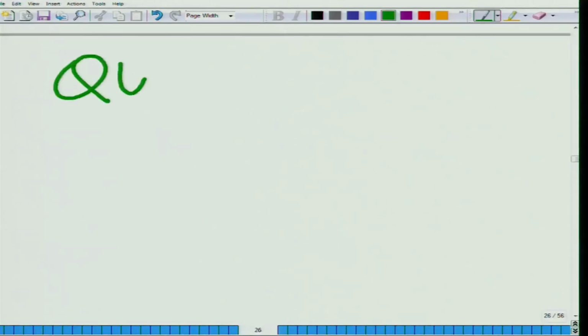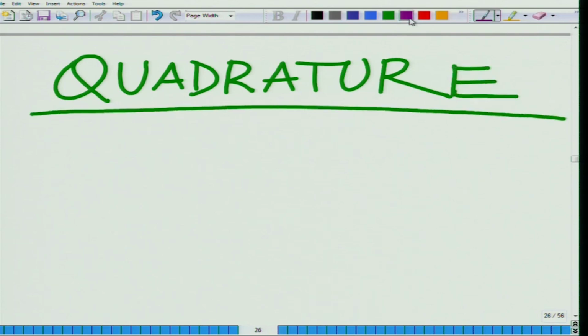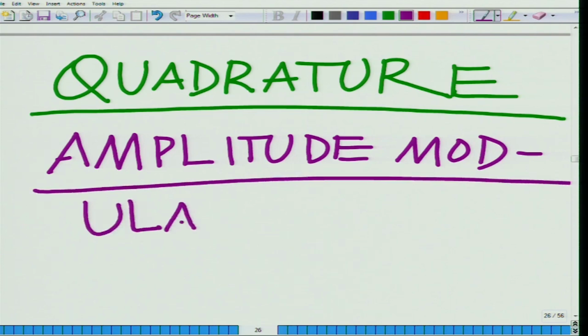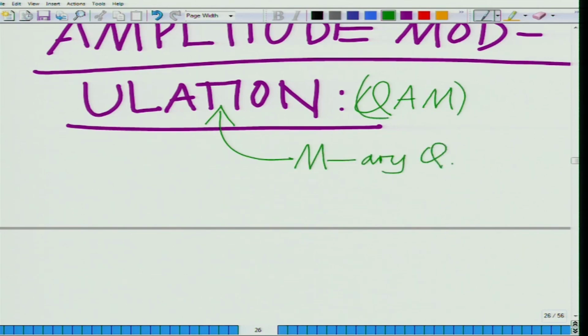So let us start looking at quadrature amplitude modulation, also known as QAM, and to be a bit more precise, this is known as M-ary QAM, M-ary quadrature amplitude modulation.